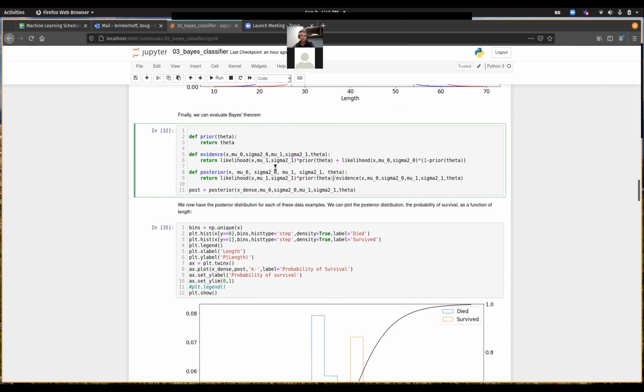So we've got all the information that we need to evaluate Bayes' theorem here. We can do it. And now we have the posterior probability of lobster survival given length.